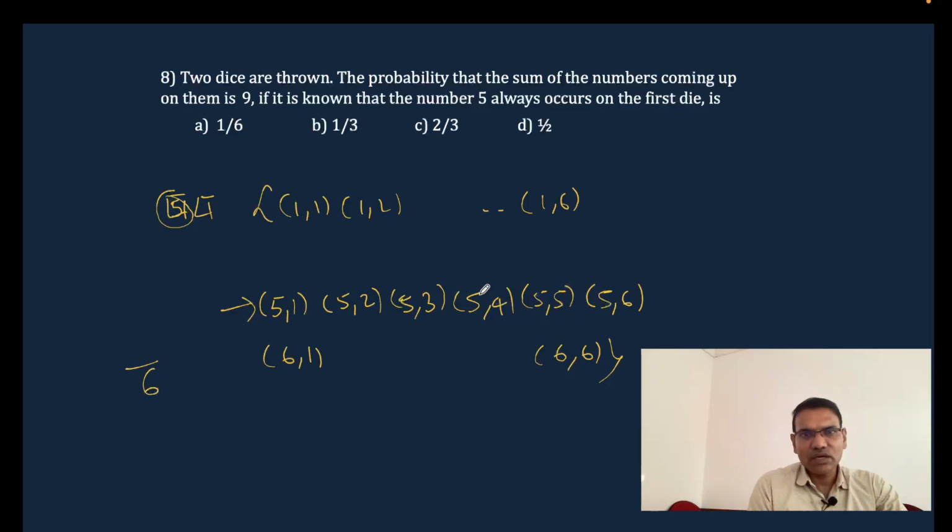In those 6 outcomes, he is asking for the probability that the sum of the numbers coming up is 9. 5 plus 4 is 9. Only one possibility out of these 6. So the answer for this question will be 1 by 6. Okay, now that is option A.